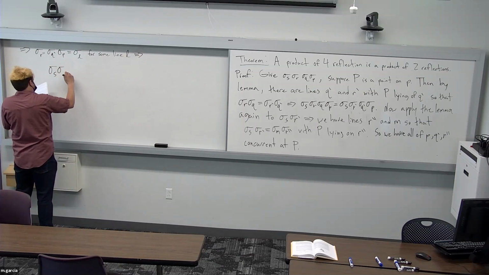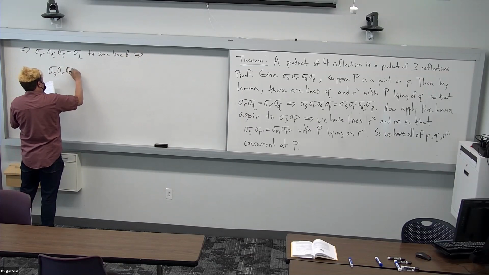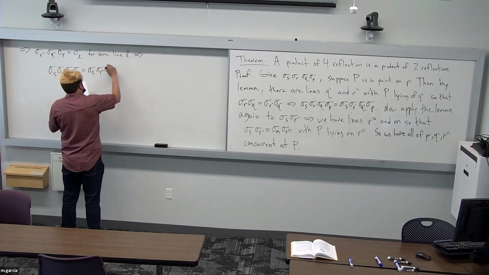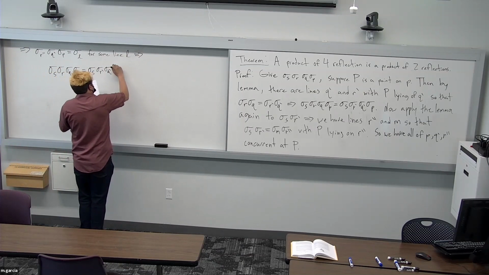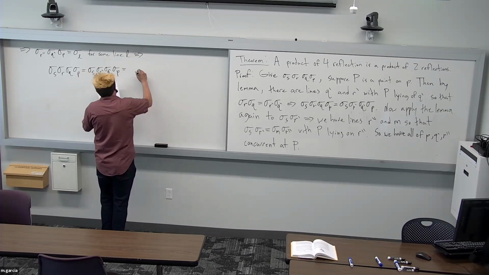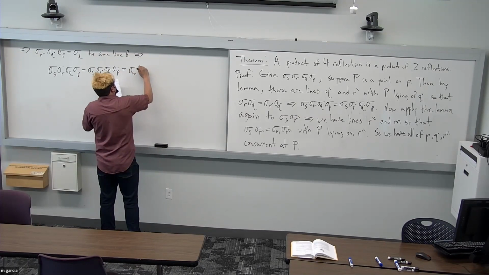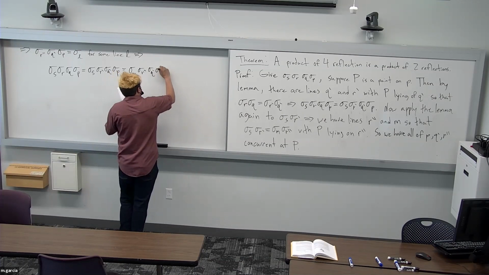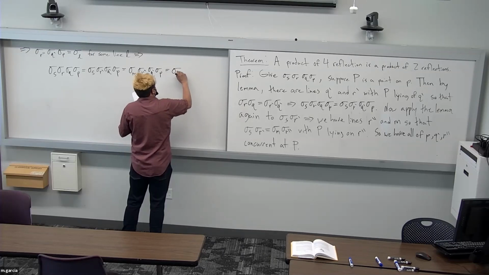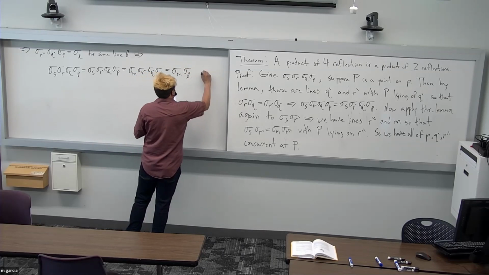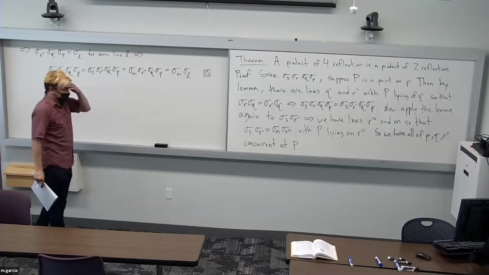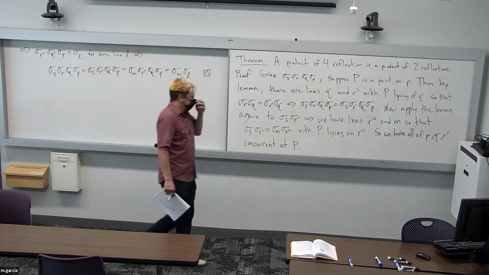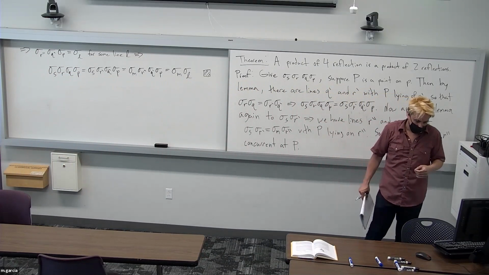We start with our original expression, sigma S, sigma R, sigma Q, sigma P, which equals sigma S, sigma R prime, sigma Q prime, sigma P, which equals sigma M, sigma R double prime, sigma Q prime, sigma P, which equals sigma M, sigma L. So just by using that elementary lemma, we have shown that we can reduce a product of 4 reflections into a product of 2 reflections.